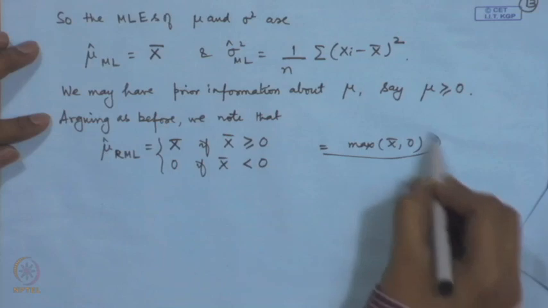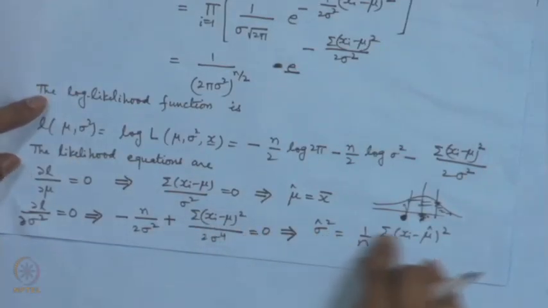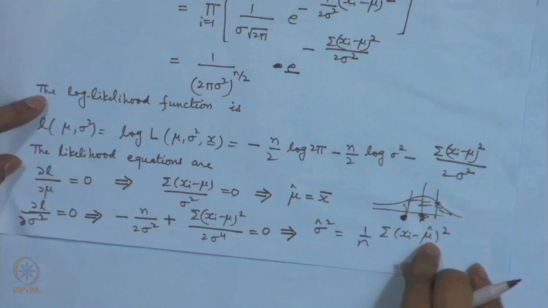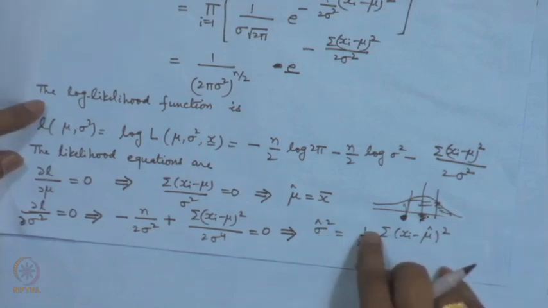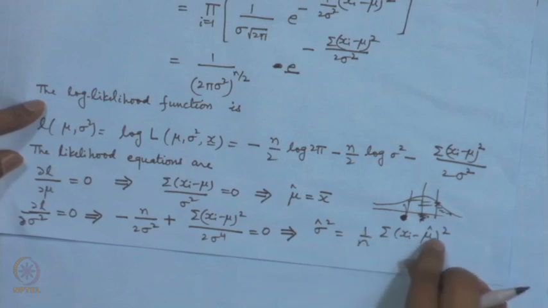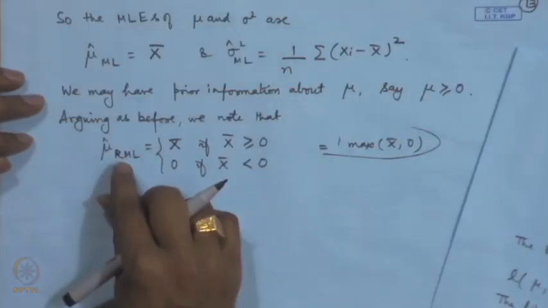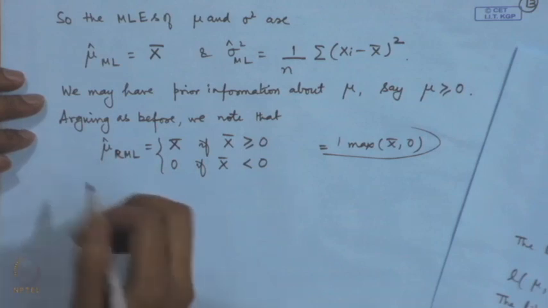Now, if we use this, in that case the second equation, the solution will get modified, because for sigma square the estimator was 1 by n sigma (x_i minus the estimator of mu), and if the estimator for mu gets modified, immediately the estimator for sigma square will also get modified.